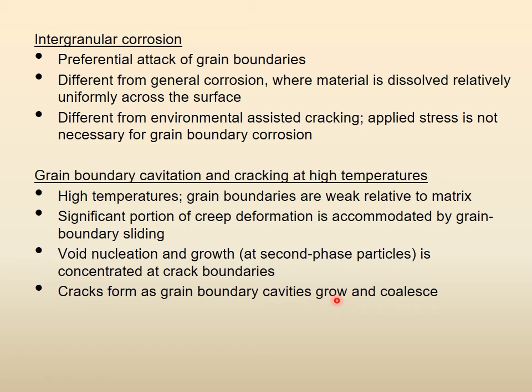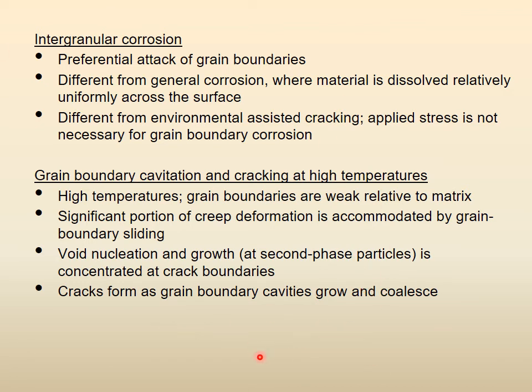So what is happening in certain materials, when the temperature is high, creep deformation is of course happening, and this creep is happening to a large extent because of grain boundary sliding. Grain boundaries are weaker than the rest of the material. And then at inclusions, second phase particles and so on, they are points, right? It is not that they are everywhere.